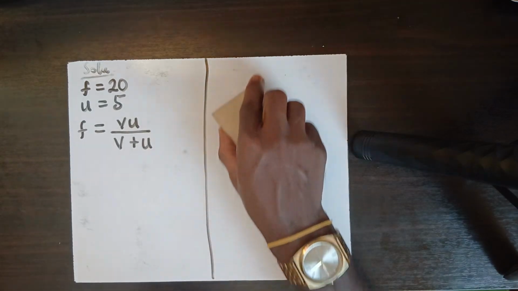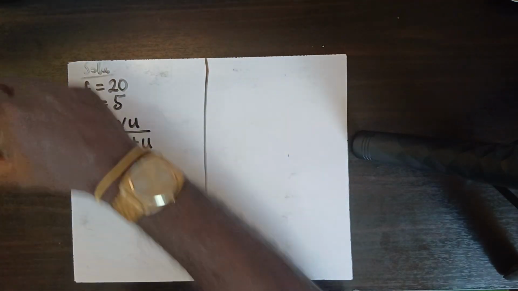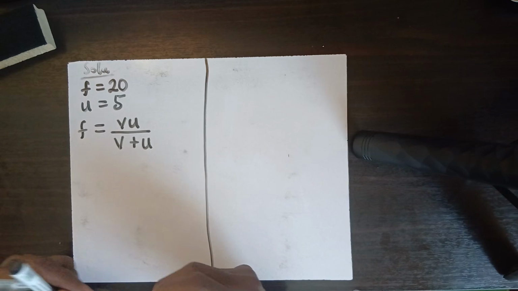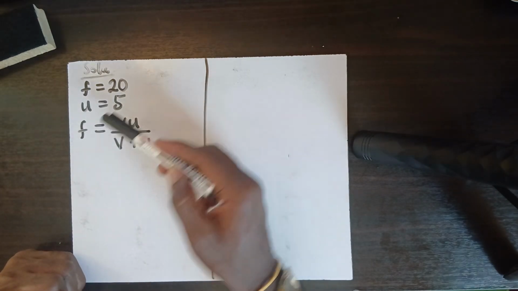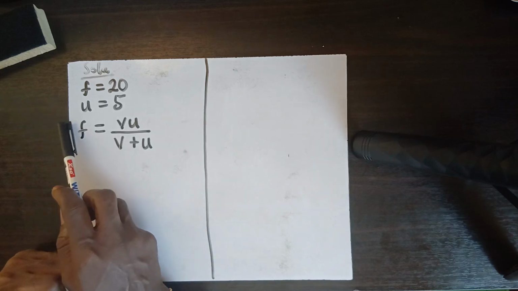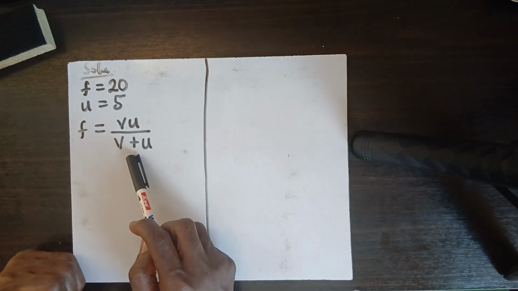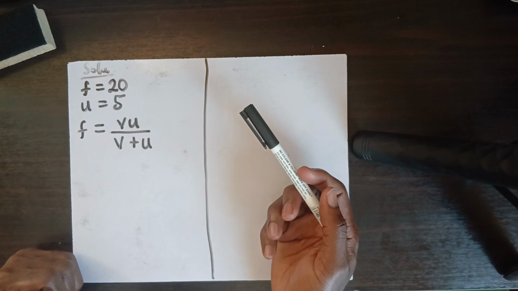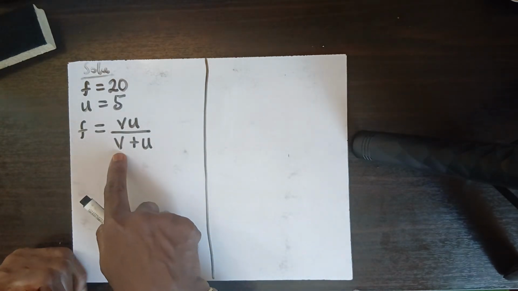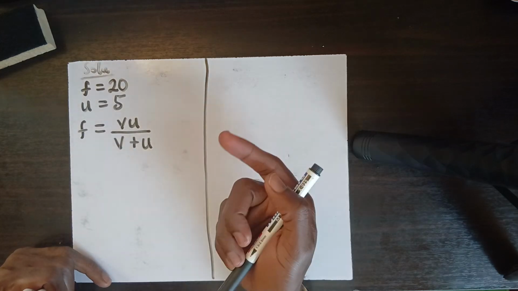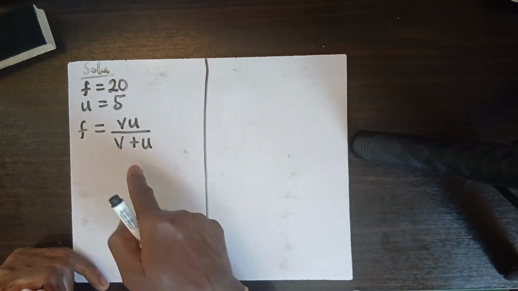Since I have this, I can say that I'm doing cross multiplication. That is, I'm multiplying the numerator here by the denominator here, numerator here by the denominator here. You can also look at it in this way. We are multiplying both sides by the denominator here. So that is V plus U becomes our LCM.